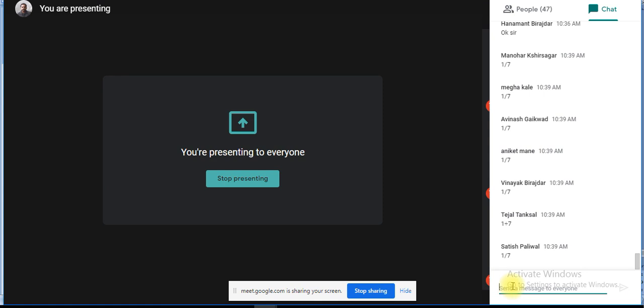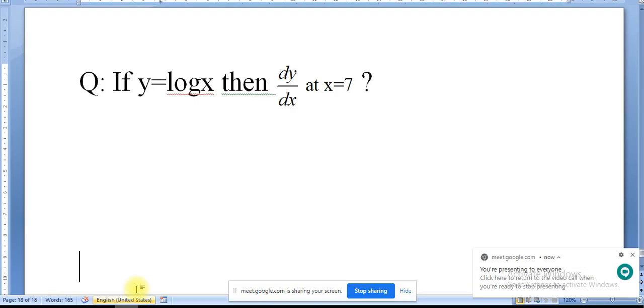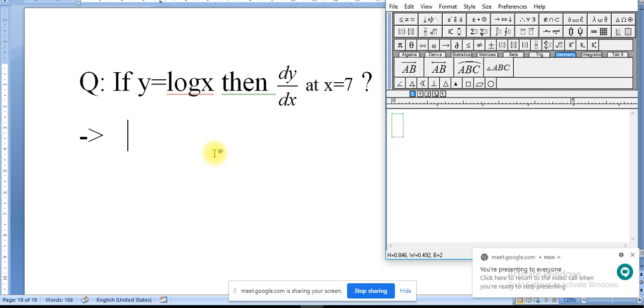Okay, wonderful. Many of you have already placed the answers. Very good. So this is it. For those who don't know how to do it, dy by dx is equal to, y being log x, the derivative of log x is 1 upon x.